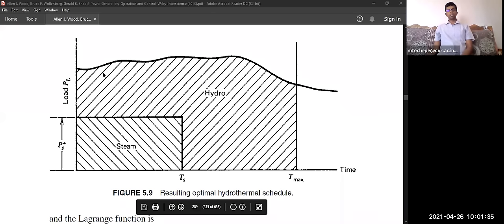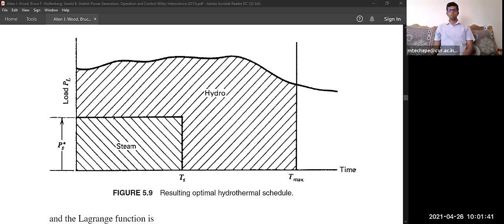If you come to the practical scenario, some other renewable energy resources are also added to the hydro. So hydro plus renewable energy resources like PV, solar power generation, as well as wind energy conversion systems, and also some biogas power plant, along with the steam power plant.